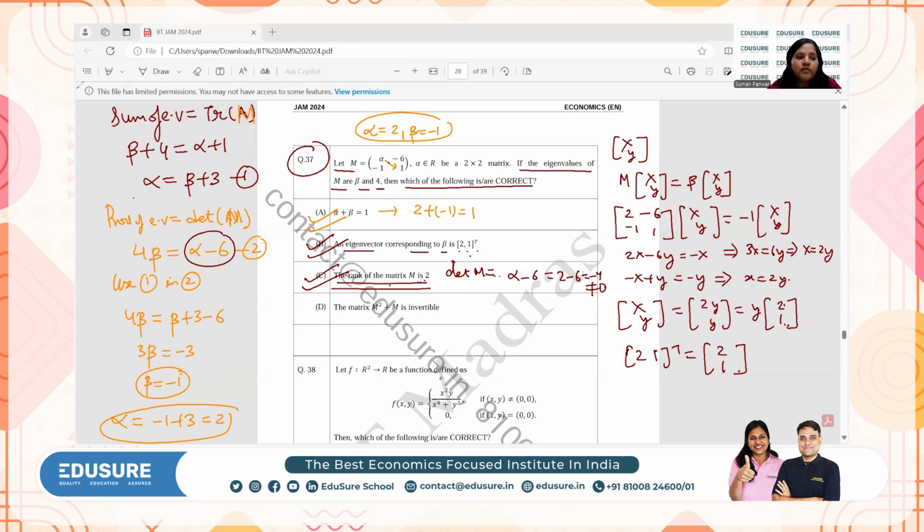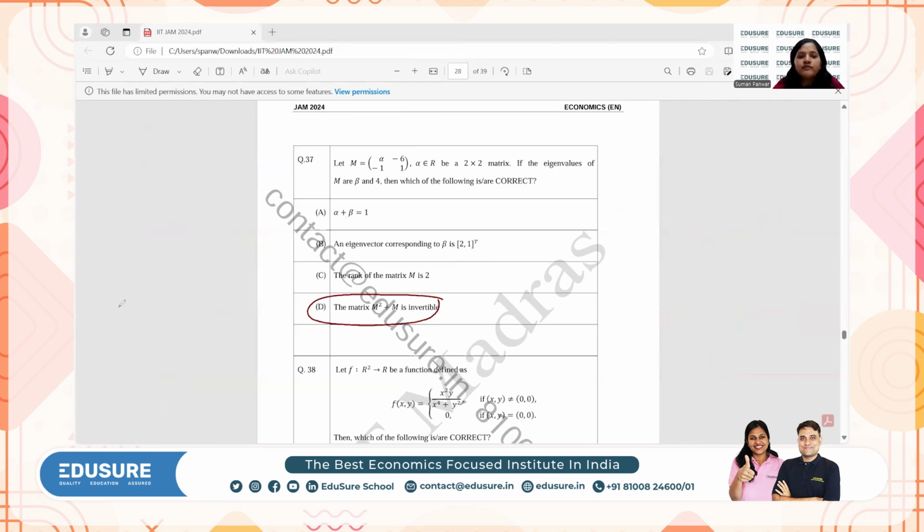Then option number 4. The matrix M square plus M is invertible. So we got alpha equals 2, beta equals minus 1. So M square would be [2, -6; -1, 1] times [2, -6; -1, 1]. So let us calculate the product carefully. 2 times 2, 4, and minus 6 times minus 1, so 4 plus 6, 10.